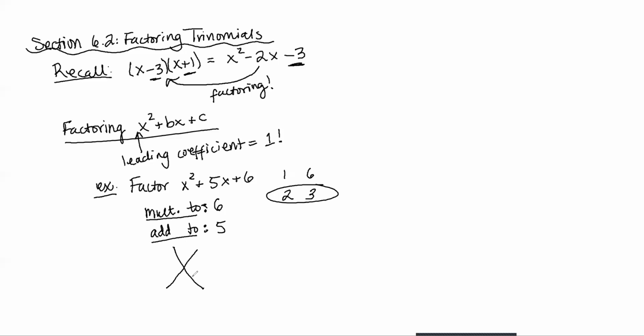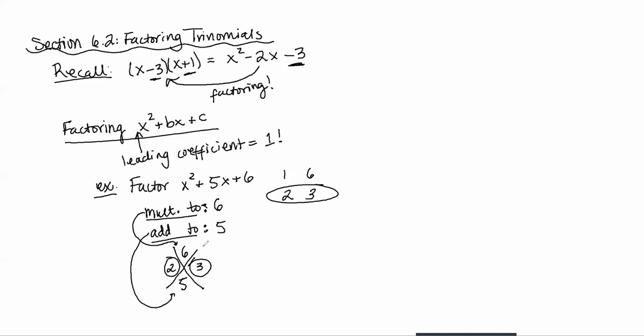If we do it like this, the multiply to goes up top, so I'll put a 6 up here. Add to is going to go on the bottom. And then whatever two numbers you're looking for can go on the sides, so 2 and 3, and I'll circle those. You don't have to fill this in though. If you want to just organize it like that, you can. If you don't want to use the big X method, you don't have to.